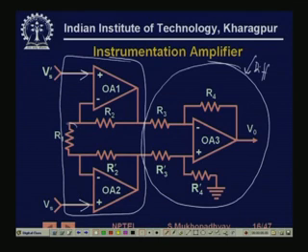Third thing is that if you see commercial instrumentation amplifiers, you will find that the gain of the input stage can be programmed. Generally the gain of the differential amplifier stage is not disturbed, because the differential amplifier is typically designed for having very high CMRR.